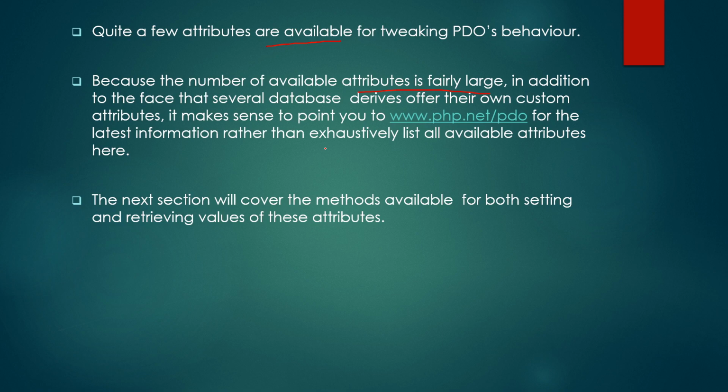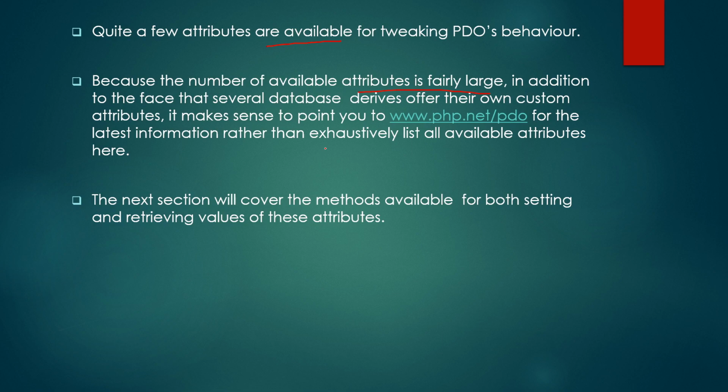What it means is there is a large number of attributes available, and as we know, PDO works with 12 different databases, and all the DBMS have their own custom attributes. So it becomes next to impossible for us to remember all these attributes.